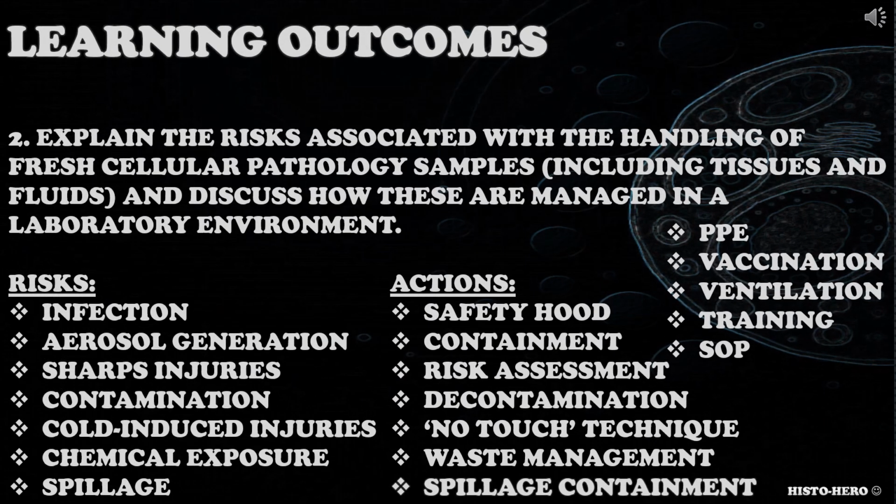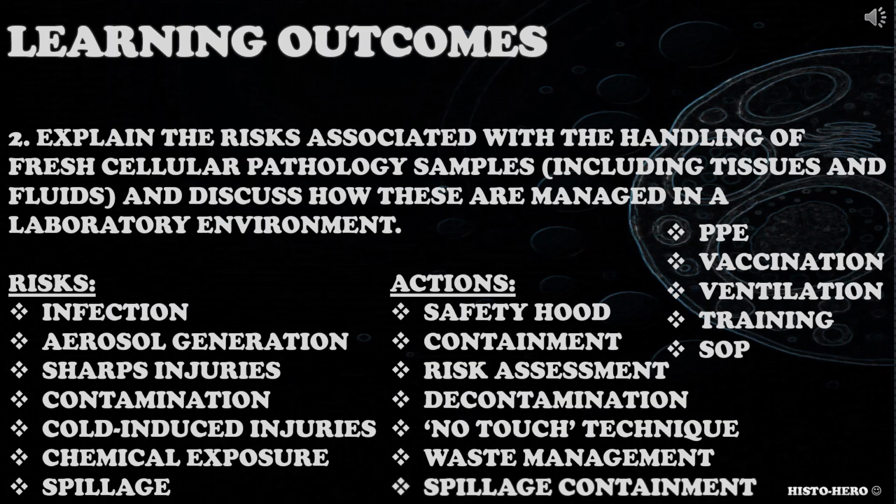The second learning outcome is for the candidate to explain the risks associated with the handling of fresh cellular pathology samples, including tissues and fluids, and discuss how these are managed in a laboratory environment. What are the risks associated with handling unfixed tissue? What PPE and safety hoods are available to you?